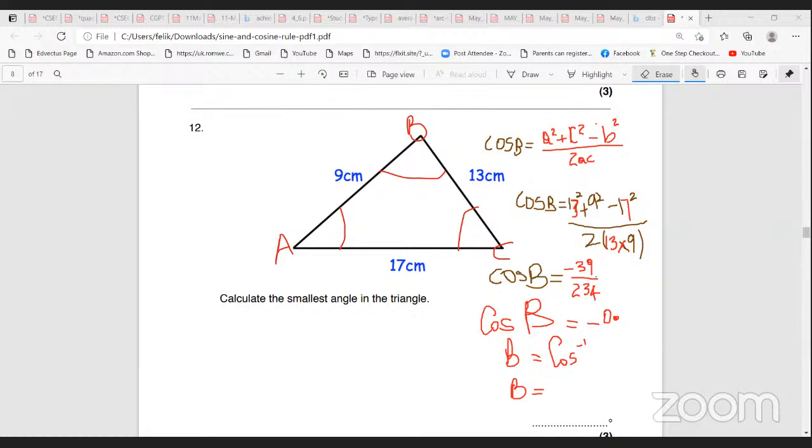Negative 0.167. Yes. All right, then we find the inverse of that. So yes, 0.167.